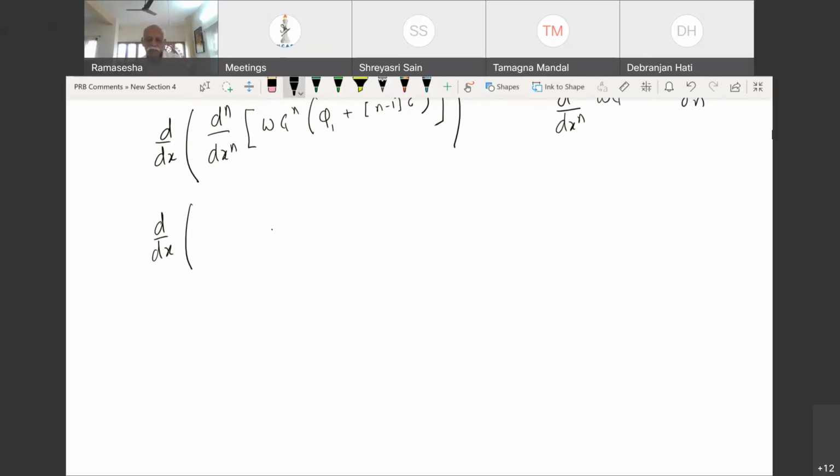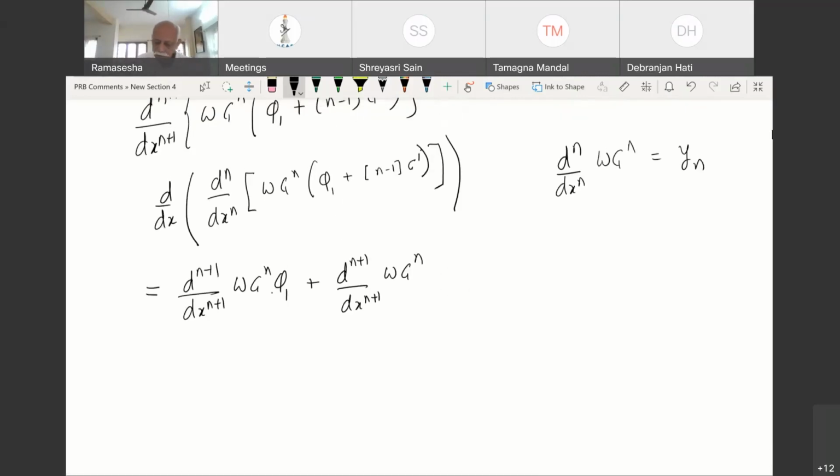Okay, so what I can do is I can differentiate it. If I differentiate it, then I have d^(n+1)/dx^(n+1) plus d^(n+1)/dx^(n+1) of w g^n, n times n minus 1 g prime.